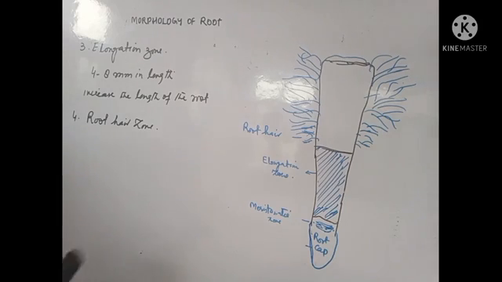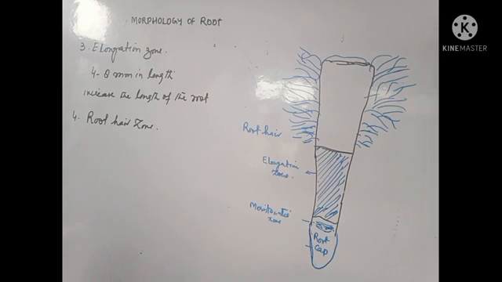Some of the outer cells of this zone give rise to lateral tubular outgrowths. We call them root hairs, and these root hairs increase the surface area of the root, which helps in maximum water absorption and minerals.